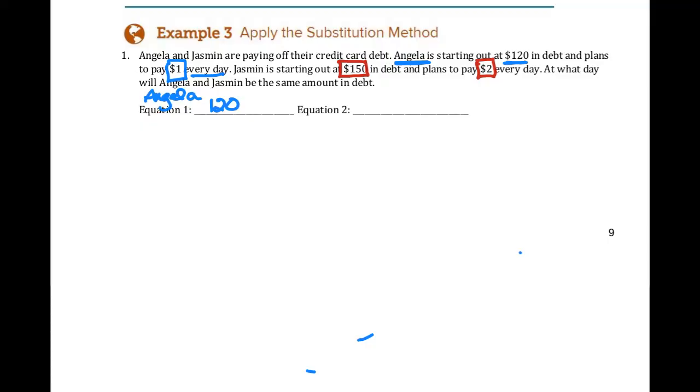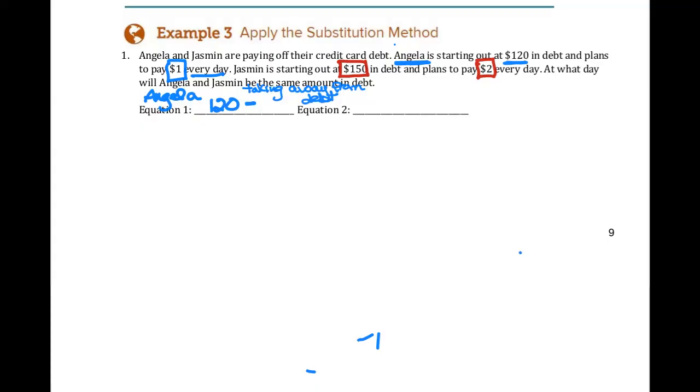Is that going to add to that debt, or is it going to take away from the debt? Take away. So how do I show taking away? Subtract. Okay, so let me put this in here. We are taking away from the debt for Angela. We're not adding to it. We are taking away from it.